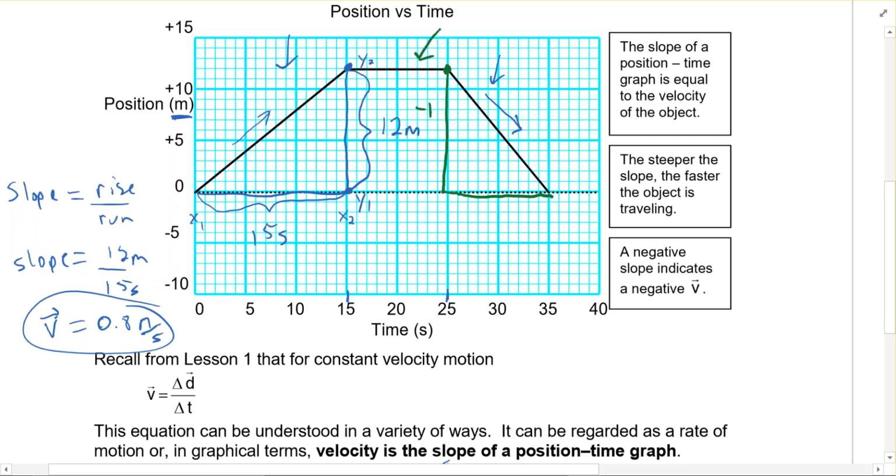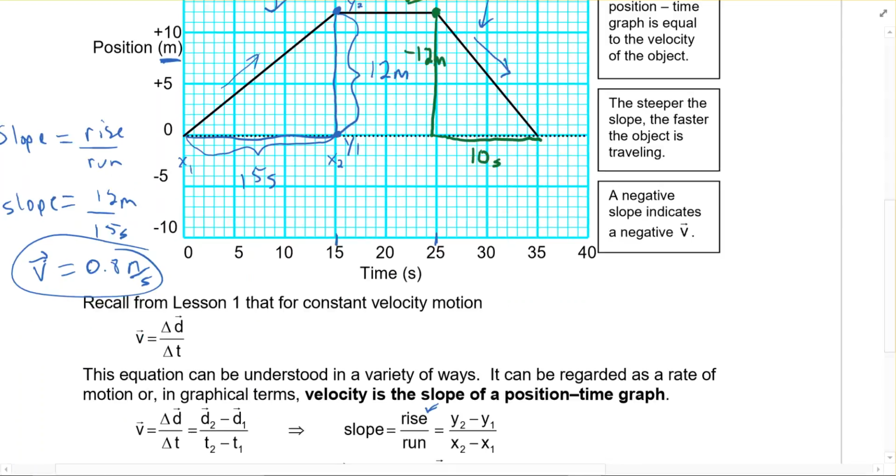So it's going to be negative 12 meters down. And it's negative because I started here and I've gone in the downward direction. So it's negative 12. My run is going to be 35 minus 25. So it's going to be 10 seconds.